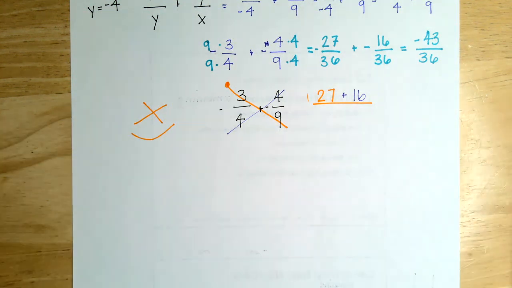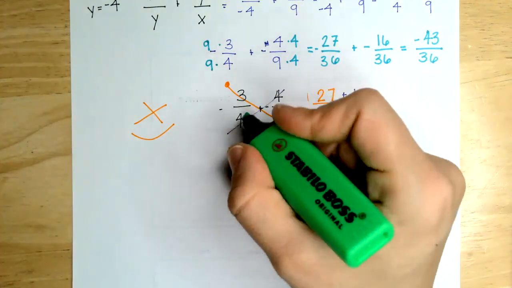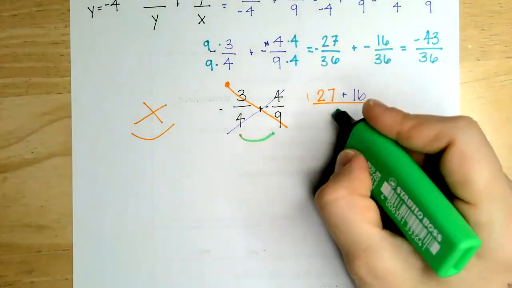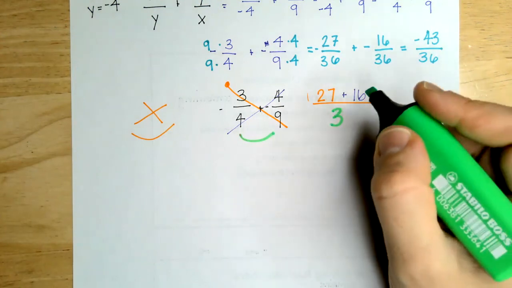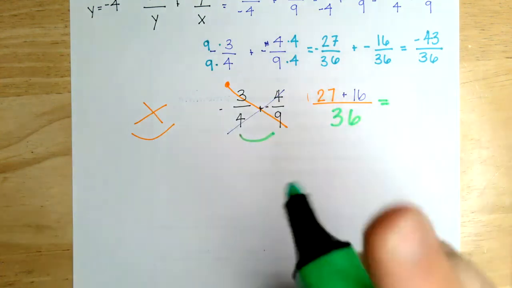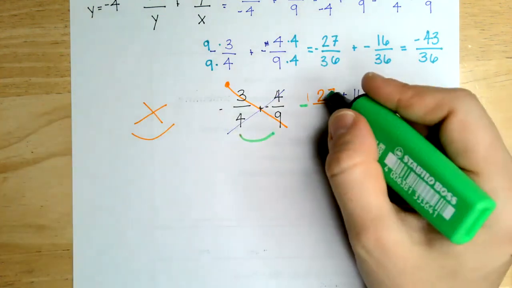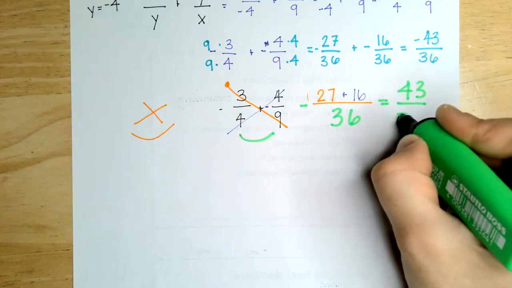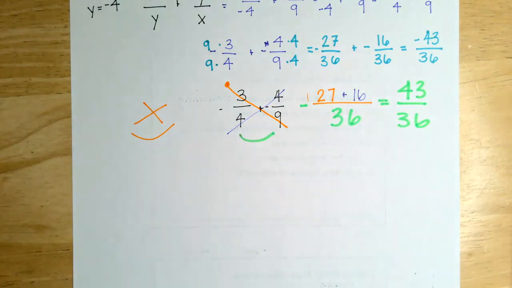Right? And then 4 times 9 is 36. But they're both negative, so we know this is a negative. 27 plus 16 is 43 over 36.